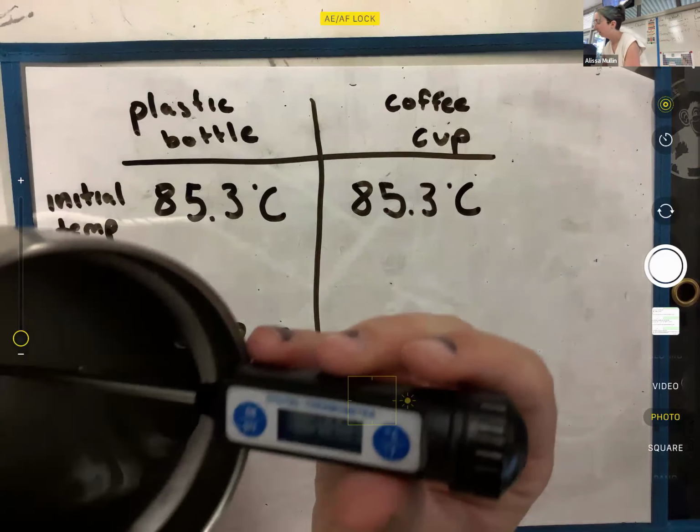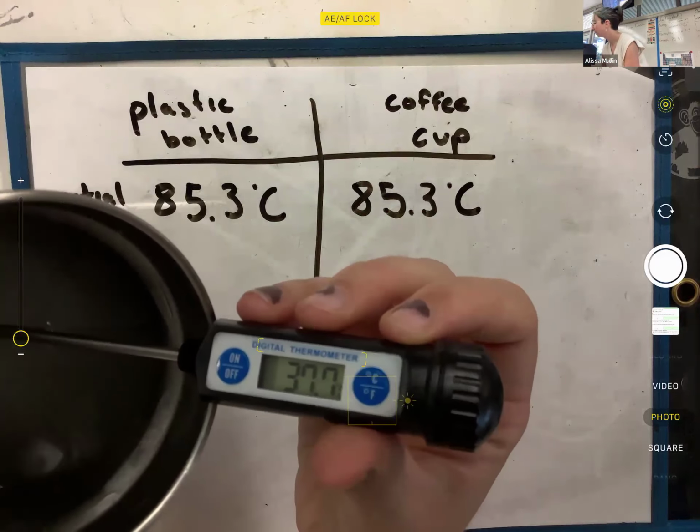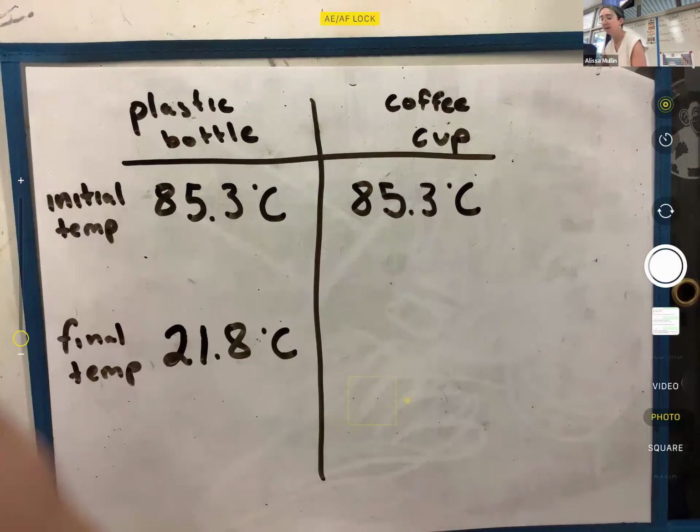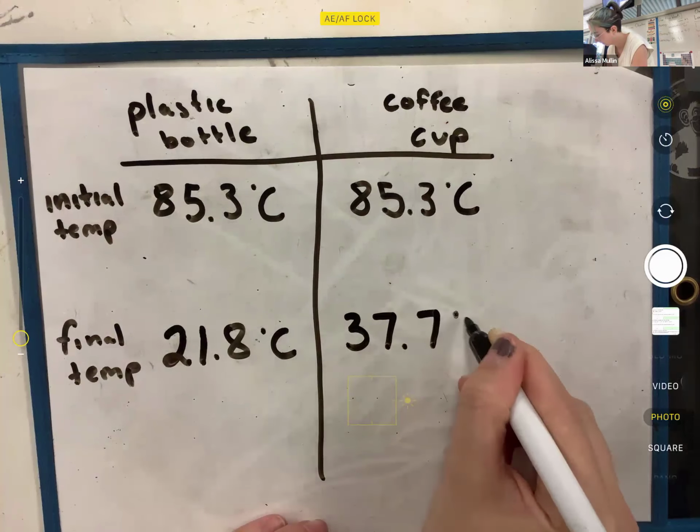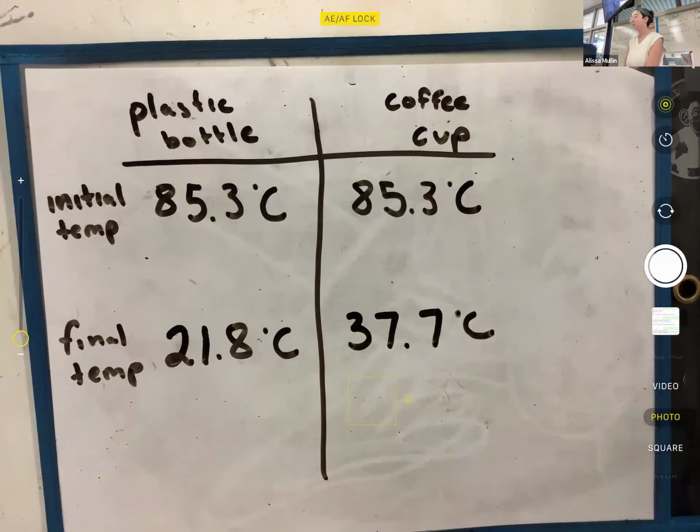So after a few hours, looks like it's sitting at 37.7 degrees Celsius. Okay, so maybe it matches your prediction, maybe it doesn't. But that's our data that we're going to be working with here.